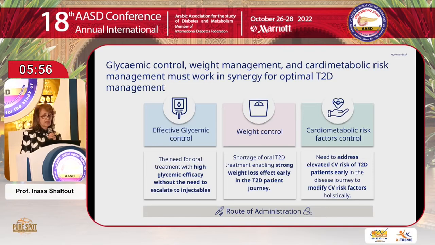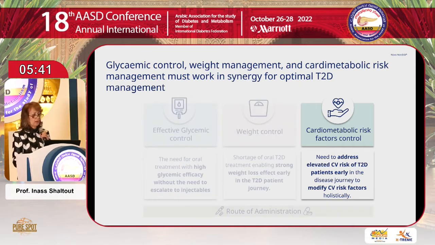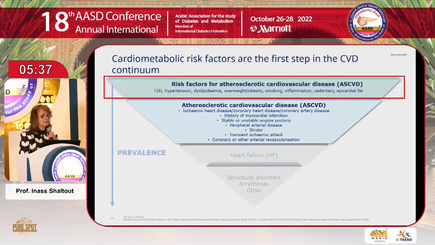We come now to the cardiometabolic risk factor control. We need to address elevated cardiovascular risk in patients with type 2 diabetes and to modify the cardiovascular risk factors. How to do the modification?